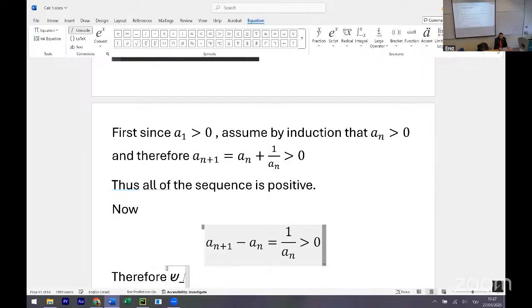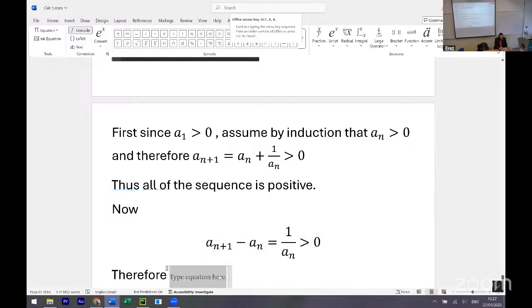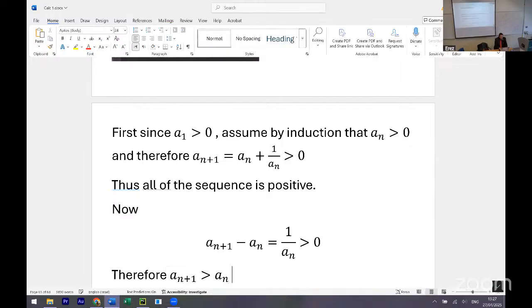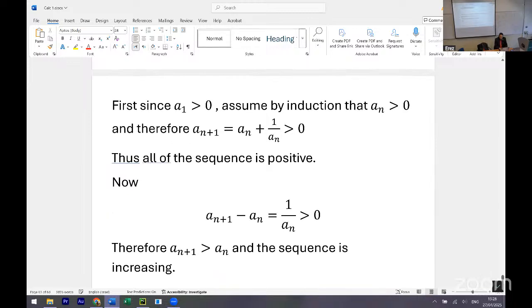Therefore AN plus 1 is larger than AN, and the sequence is increasing. That doesn't prove the limit. You're right. That's 3 more minutes.